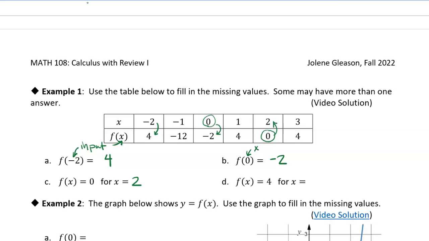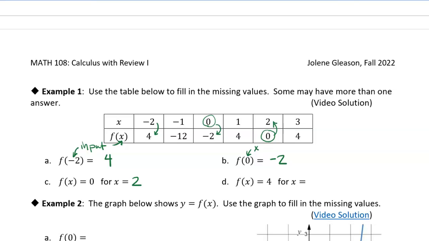Now with a function, you can have more than one x value that gives the same value of f of x. It's just that every x value has to have exactly one f of x value. For example, in part D, we're asked what is x when the value of the function is 4.